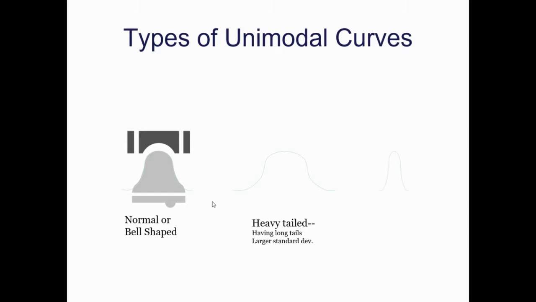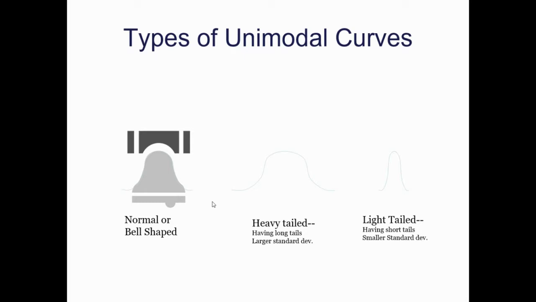And then you have the light-tailed, and that's where they're grouped really close together. Now, on y'all's handout, can y'all see the line? Are the lines drawn or no? Kind of drawn? Okay. I can barely see them from the slides.